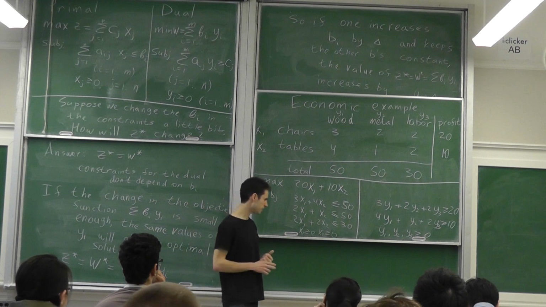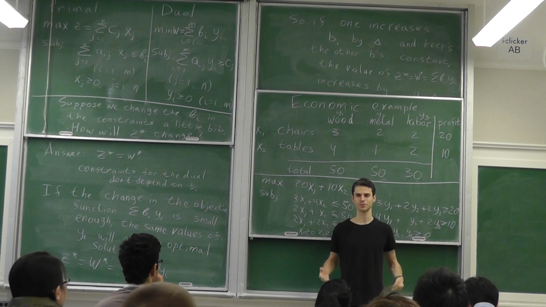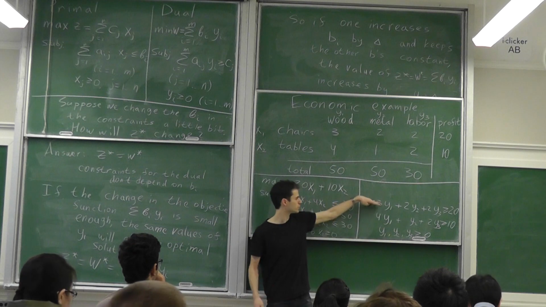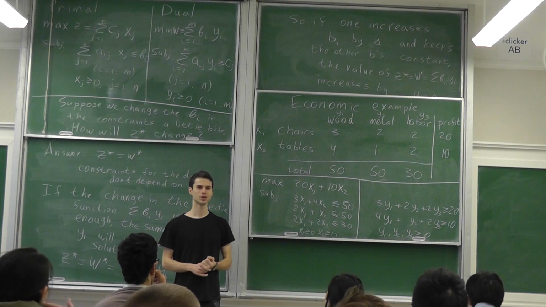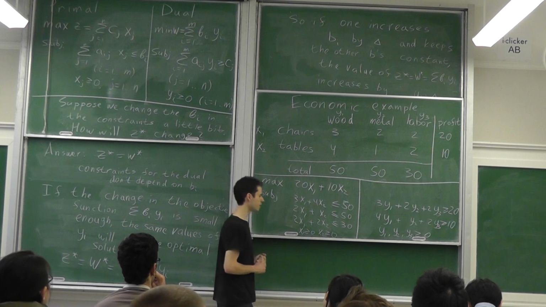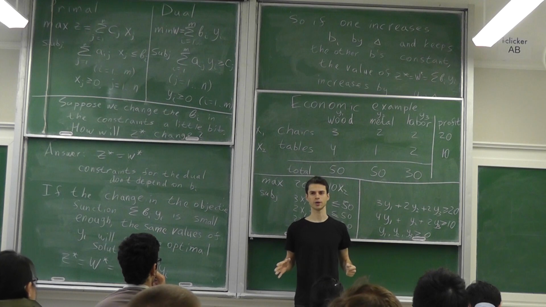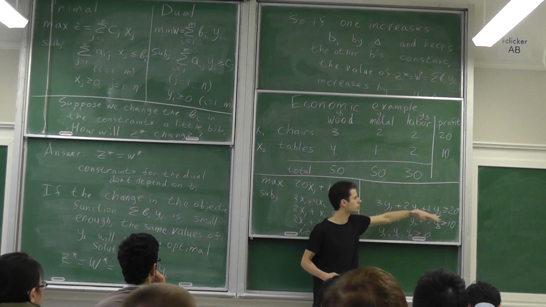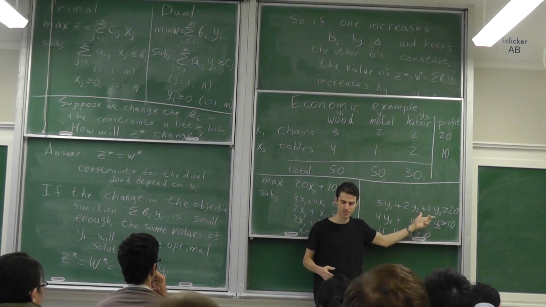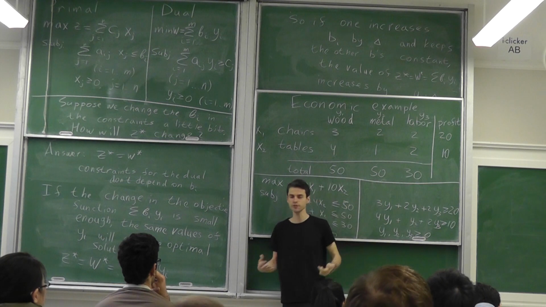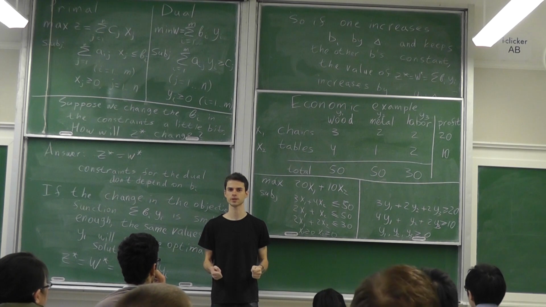But now let's say I actually come to the market and I tell them, you know what, I'll accept any offer which satisfies these constraints. And the market tells you, well, I am willing to buy those, but I don't want to overpay. I want to find the smallest possible prices, the prices that satisfy these constraints which you gave me, but I want to pay the smallest possible price for a business.